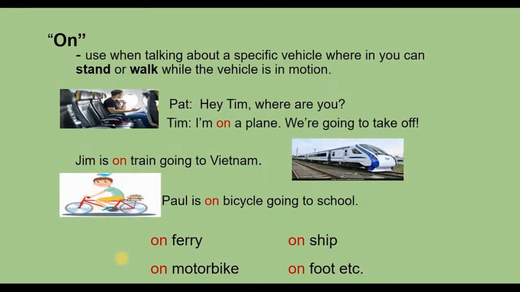On a motorbike. Okay? It's gonna be on a motorbike and not in a motorbike, because you're not sitting inside somewhere. And then you have here on foot and others.